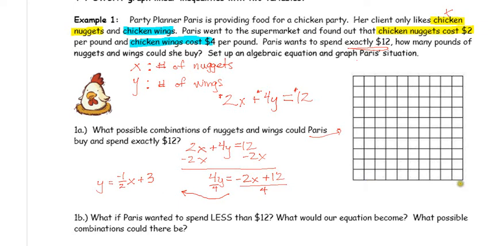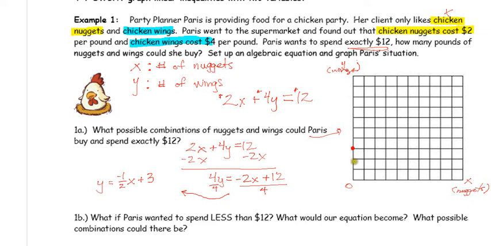So here's my x-axis. Remember, x was the number of nuggets, so I'm going to label it nuggets. And here's my y, and this is wings. And here's 0. Let's go ahead and put 1, 2, 3.